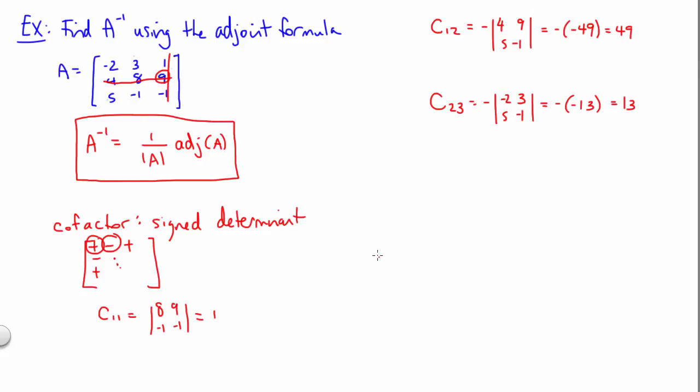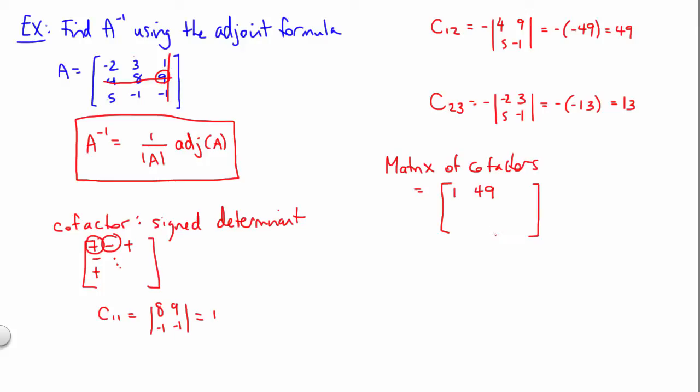So we could go through and calculate all 9 cofactors using this rule that the cofactor is a signed determinant. What we want to do now is build the matrix of cofactors. So in the 1, 1 position, we're going to put the cofactor C11, that's 1. In the 1, 2 position, we'll put the cofactor 49. And we'll just fill in this matrix with the 9 cofactors.